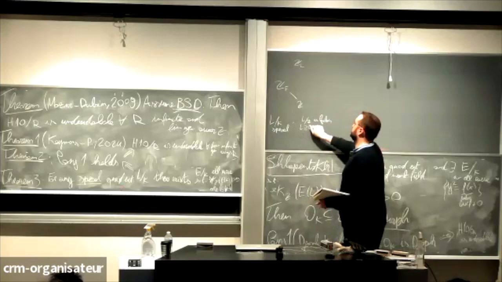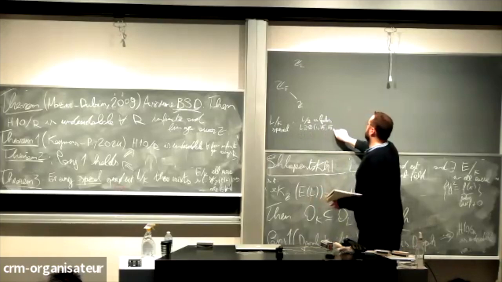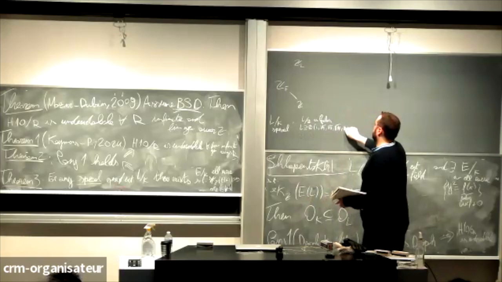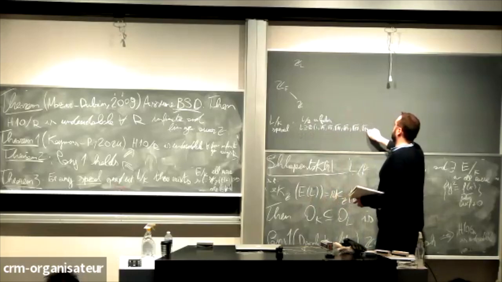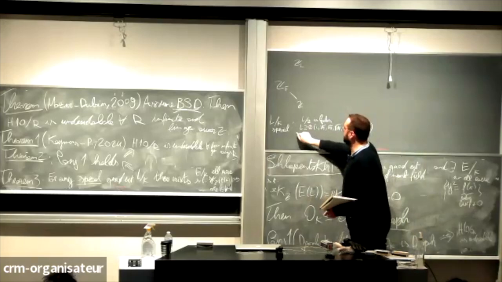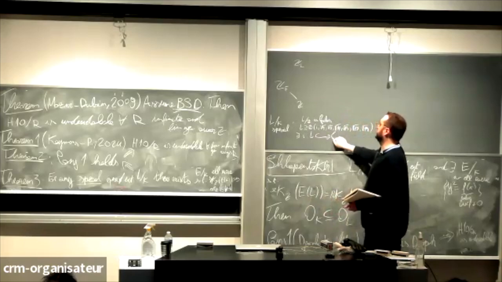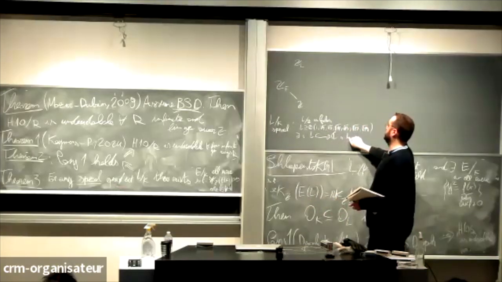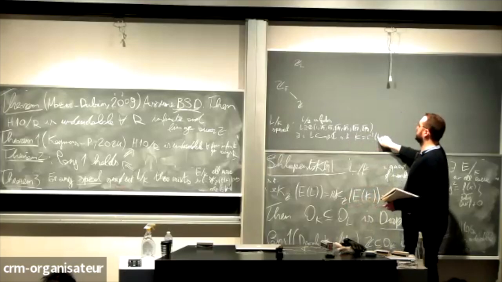L contains i, root 5, root 7, root 11, root 13, root 17, root 19. And for K, there exists an embedding of L in the complex numbers in such a way that K is the inverse image of the real numbers.